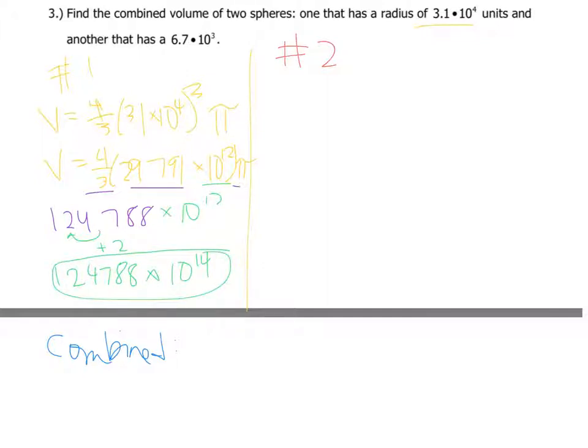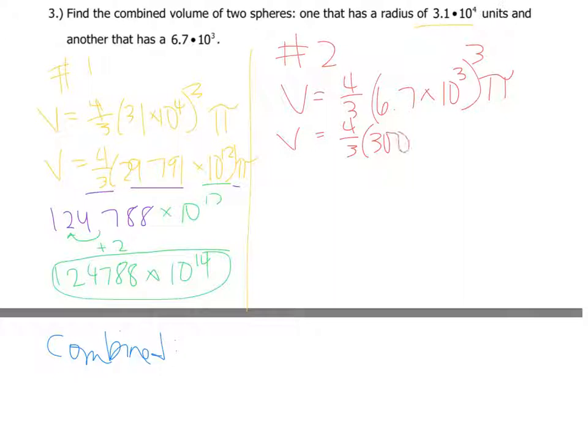All right, my next one, the sphere's radius is 6.7 times 10 to the 3rd power. So our volume is 4/3 times 6.7 times 10 to the 3rd power times pi. And then we need to cube that. So it becomes 4/3 times 300.763 times 10 to the 9th power times pi.